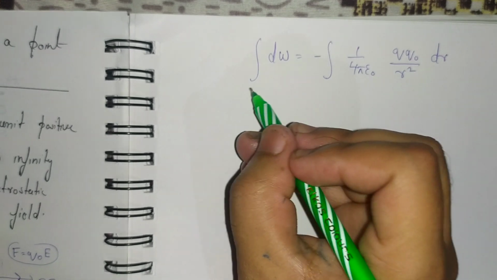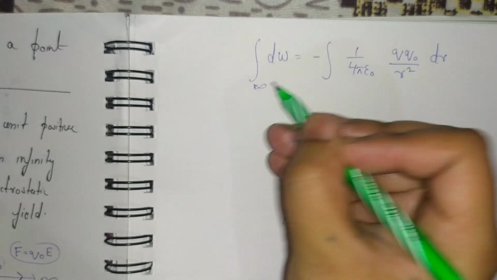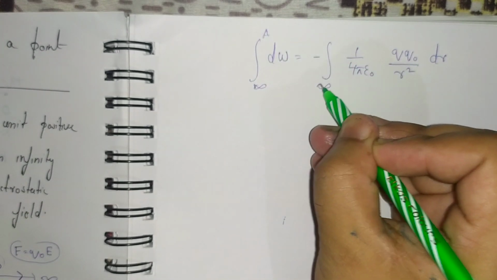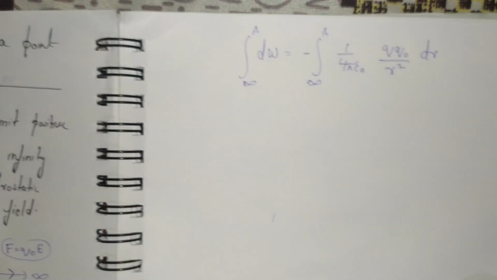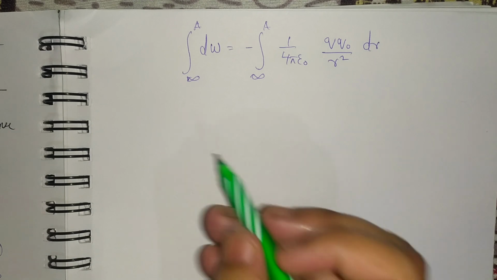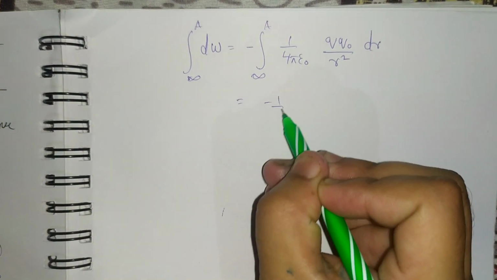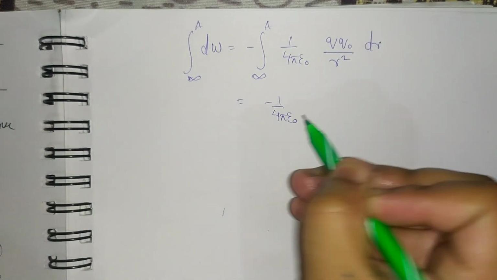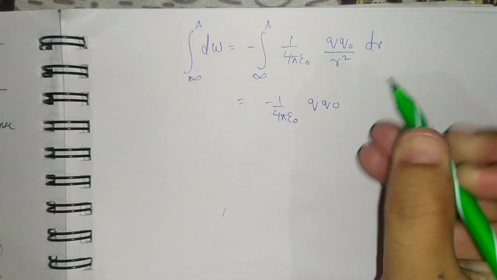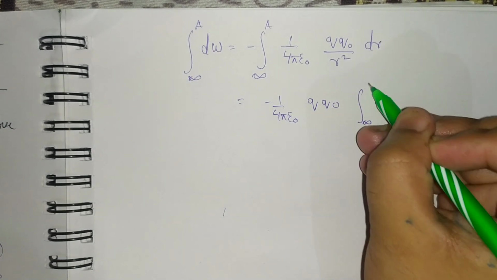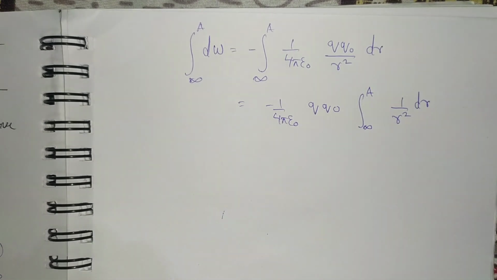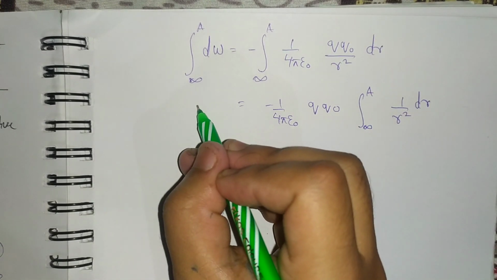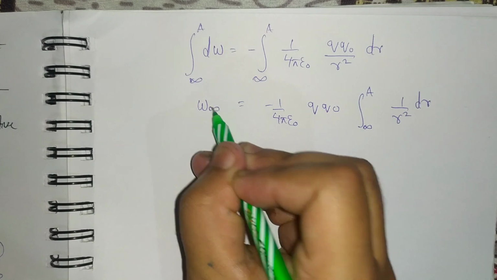We are going to integrate that from infinity to the point A. Now listen to this topic very clearly. 1 upon 4 pi epsilon naught q naught, from infinity to the point, 1 upon r square we are going to integrate, and the value of dW is from infinity to the point A.